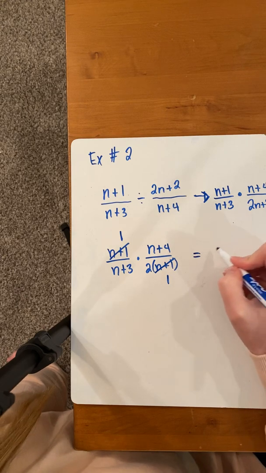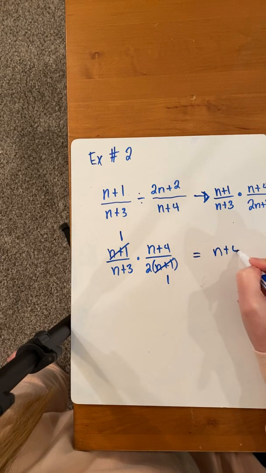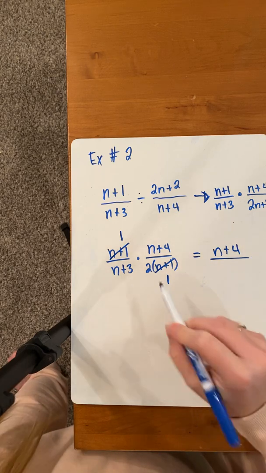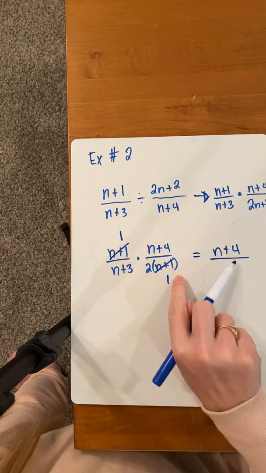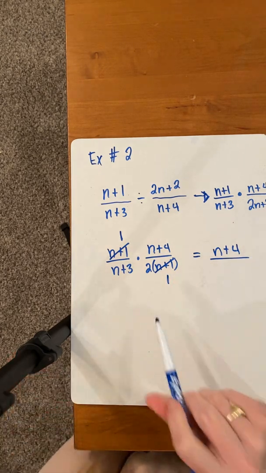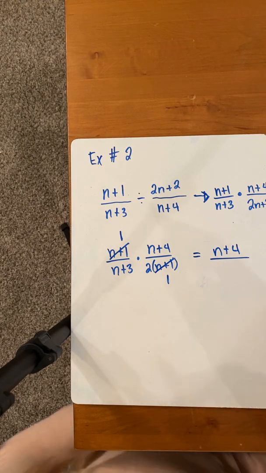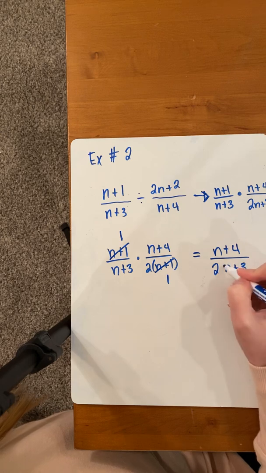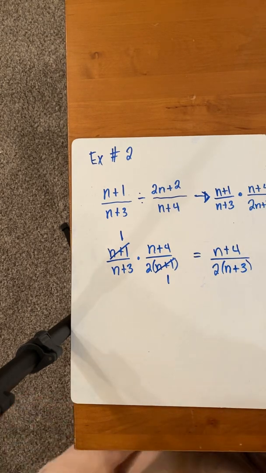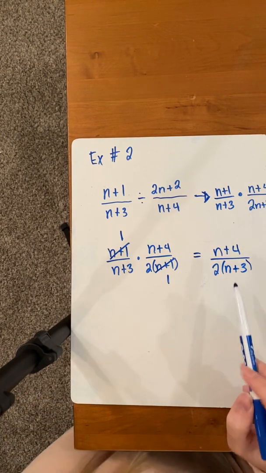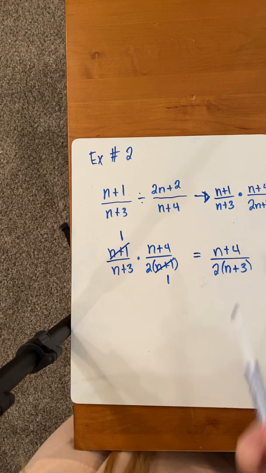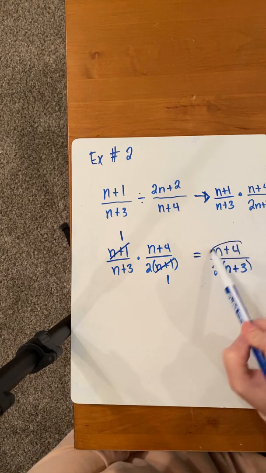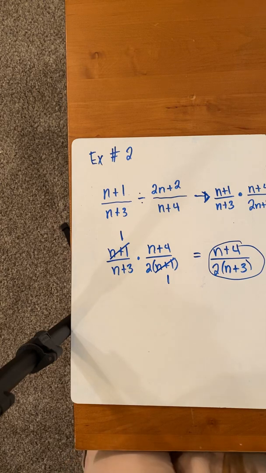Anything times 1 is itself, so I just have n plus 4 in my numerator, over 2 times 1 is 2, times n plus 3, so 2 times n plus 3. You can leave it as that, or you could distribute it back in and have n plus 4 over 2n plus 6. Either way, there's my final answer for example 2.